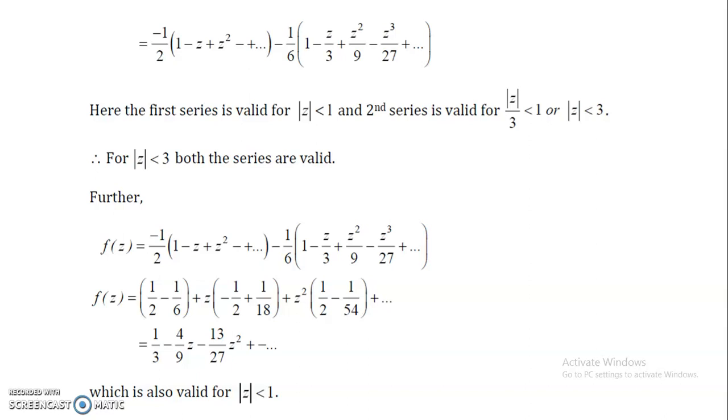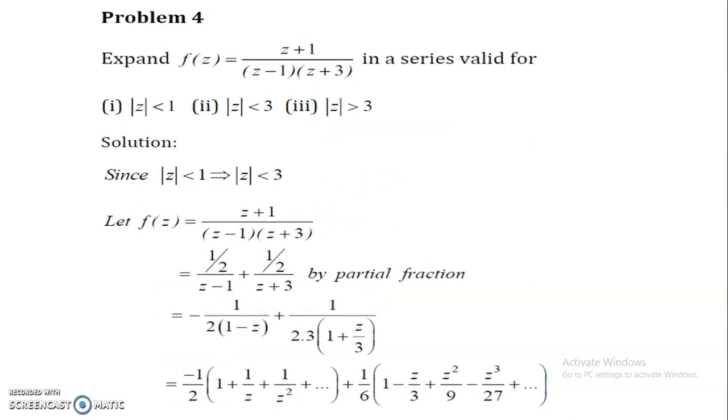Hence for mod z less than 1, both series are valid here. And further you can simplify that by grouping the terms of z power 0, z power 1, z power 2, etc., which is also valid for mod z less than 1.